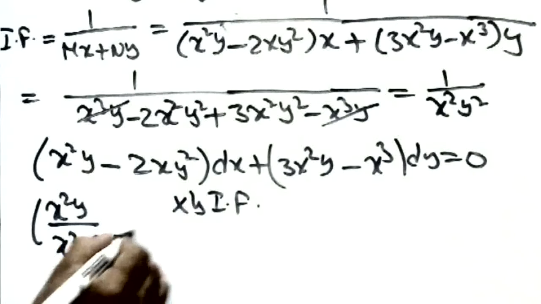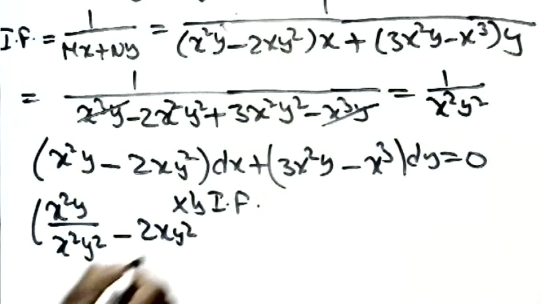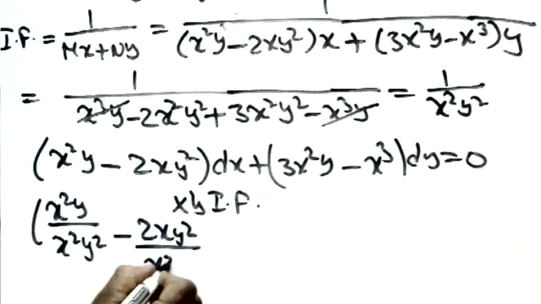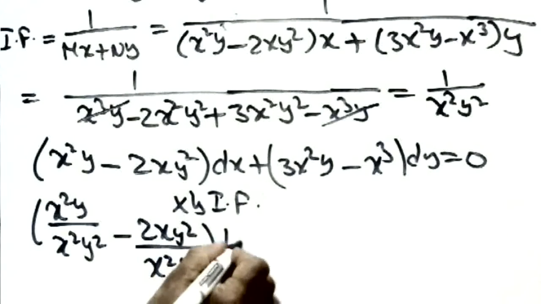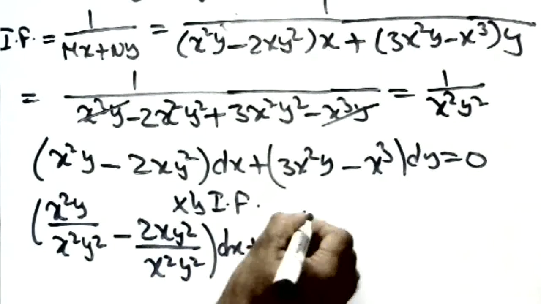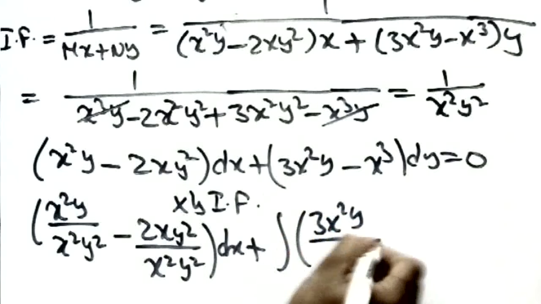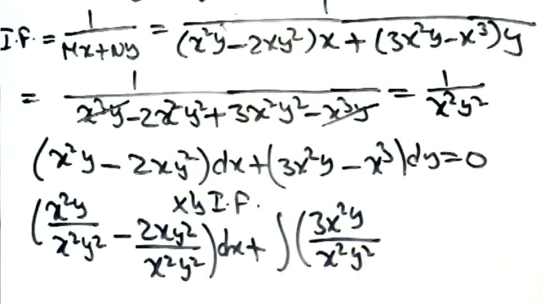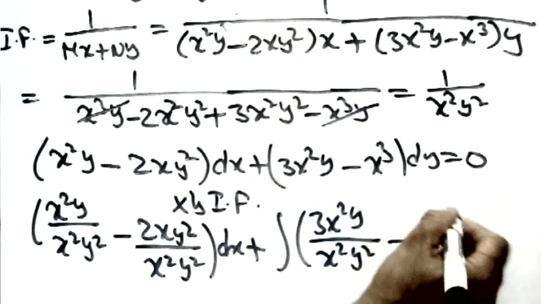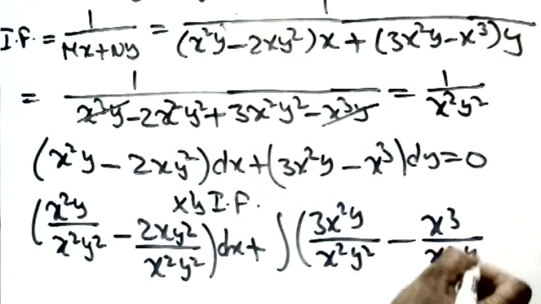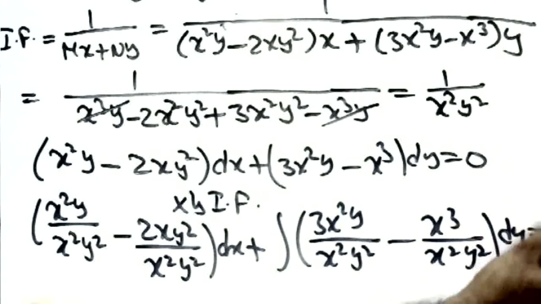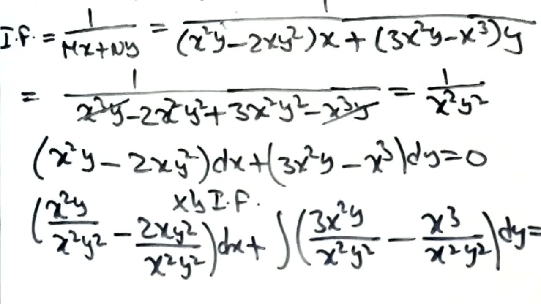We get x square y square minus 2xy square by x square y square into dx plus 3x square y by x square y square minus x cube by x square y square dy.